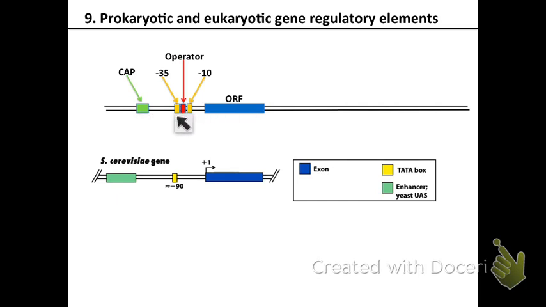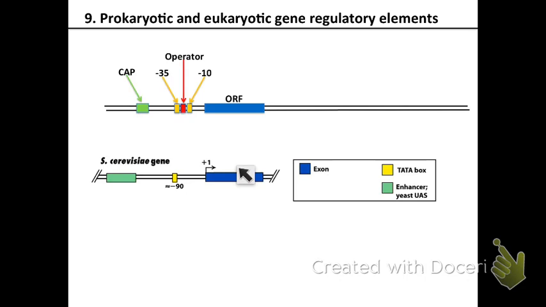And at this promoter, you have consensus sequences at -35 and -10, bound by the sigma factor. You might have an operator sequence that's bound by the repressor, right? And you might have other sequences nearby that are going to be bound by activators. So that's the typical simple organization of the prokaryotic regulatory elements.